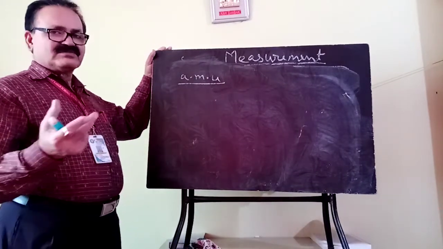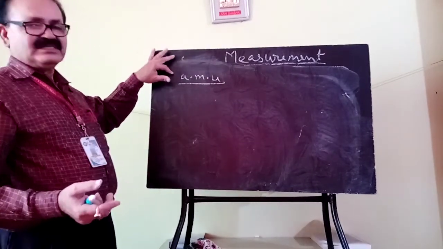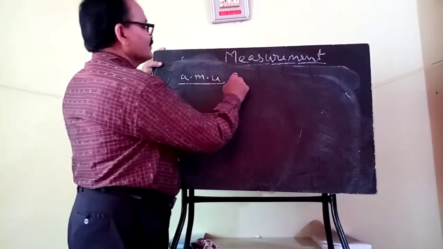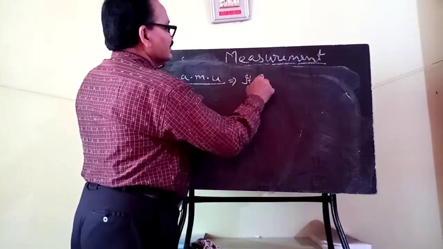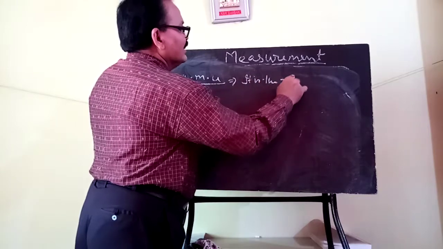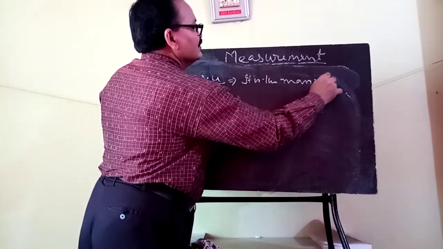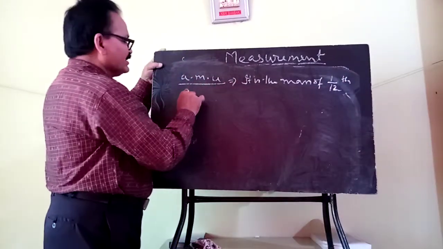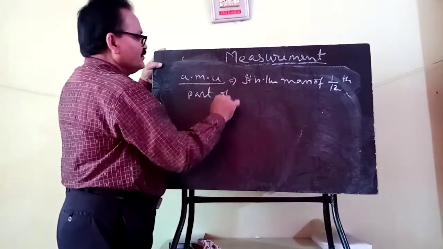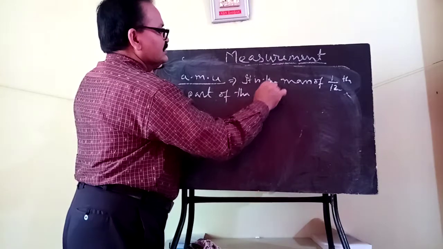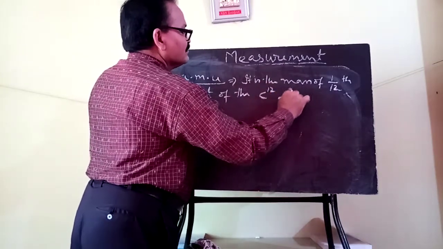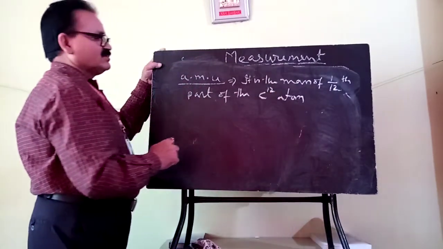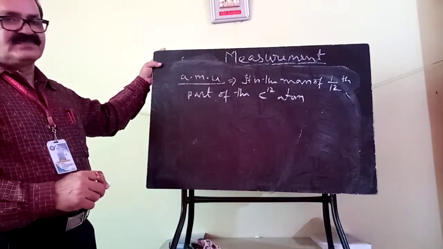The unit of nuclear mass is expressed in this unit. The mass of 1/12 part of the C12 atom is called 1 AMU.